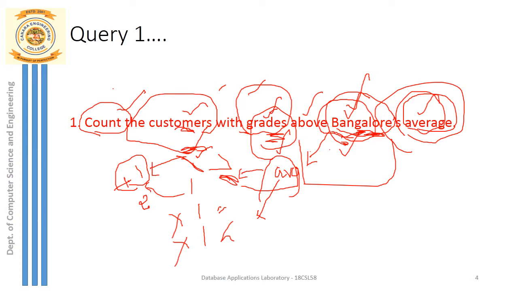Once I get this average in my hand, next I will extract the customer details, in other words the customers, and start comparing the grade of each such customer with the average grade that I have just calculated.